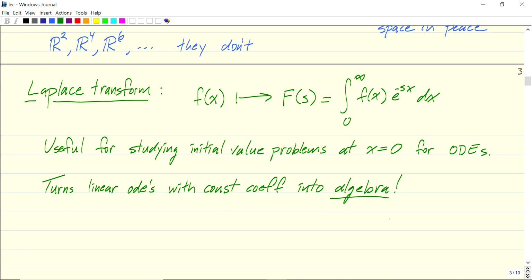Let me tell you what the big facts about the Laplace transform are. Big facts. It's linear. Let's write L of f of x is that function capital F of s. It is a linear operator.